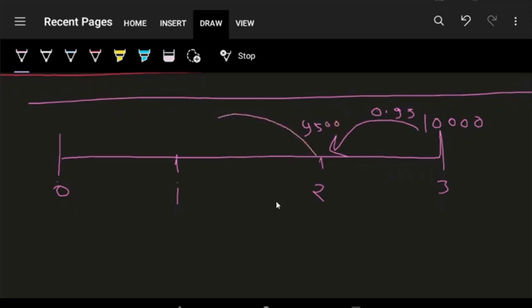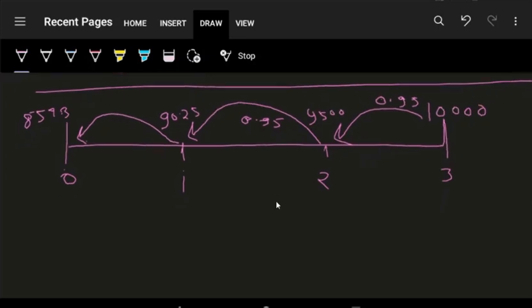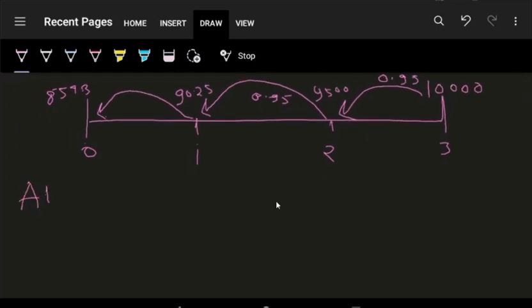We'll again discount it back by multiplying it by 0.95. The amount will come out to be 9,025. We'll again discount it back. The amount will come out to be 8,573.